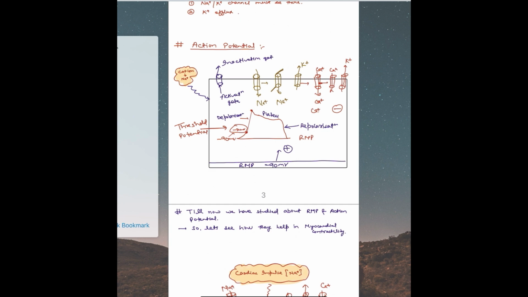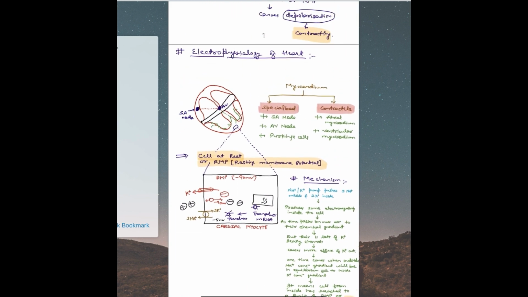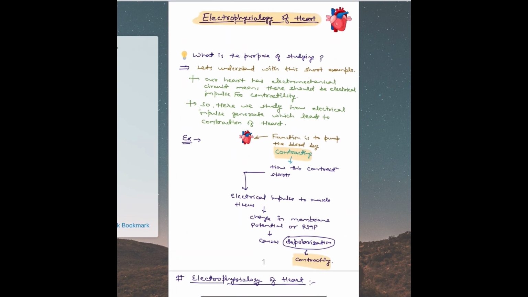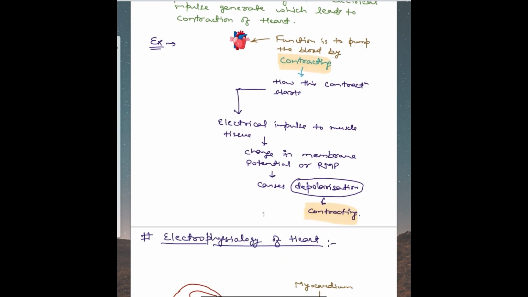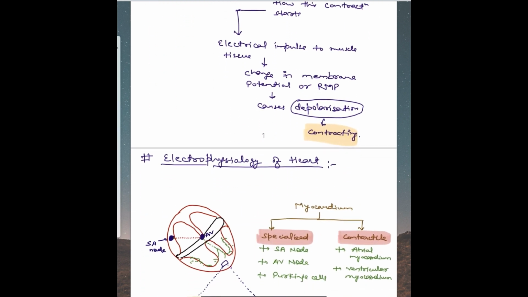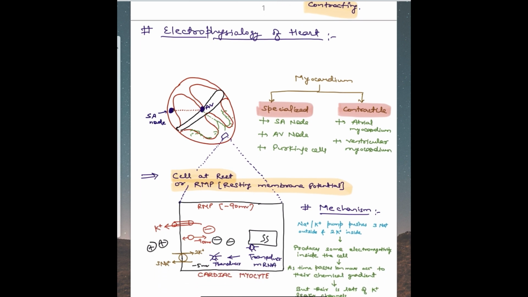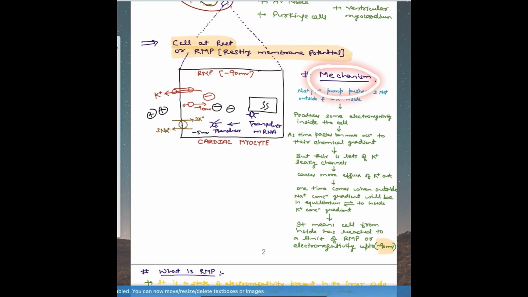So far, we have studied how the electrical activity inside the heart, or the cardiac myocytes, leads to the formation of contractility inside the heart, which we can say is the depolarization, or you can call it the systole. We have studied the electrophysiology of the heart: the two types of cells, the specialized cells and the contractile cells, and how the resting membrane potential generates.